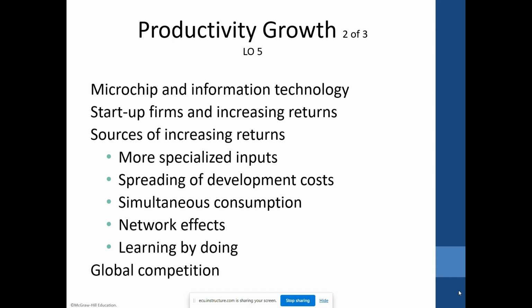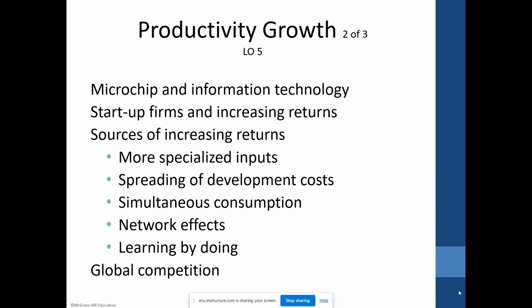So, what are some of the reasons for the increased productivity growth? A core element was the explosion of entrepreneurial ability and innovation based on the development of the microchip. Microchips have found their way into thousands of products and changed business operations.